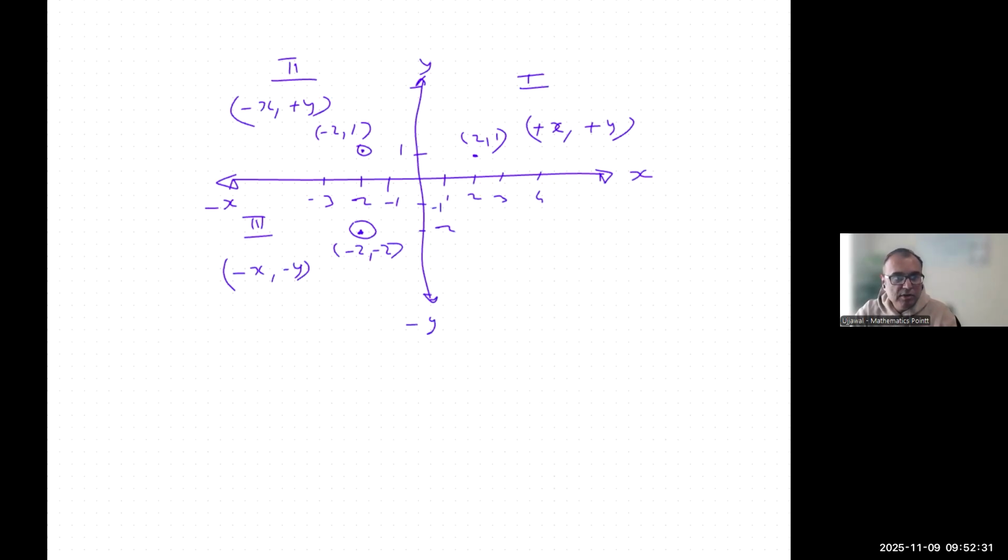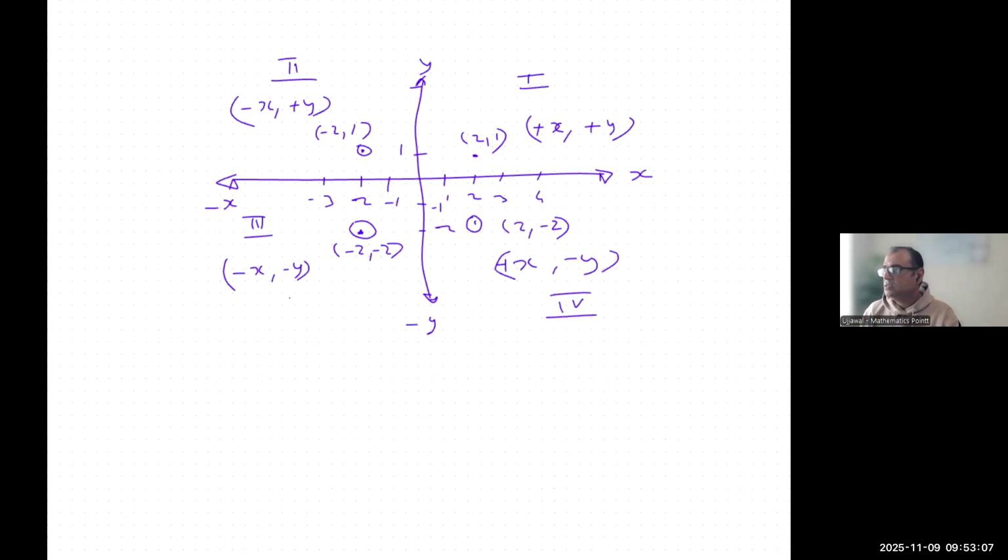And in the fourth quadrant, this point is 2, -2, which means your x is positive and your y is negative. This is your fourth quadrant. So the Cartesian plane behaves like this: first quadrant, both are positive. Second quadrant, x is negative, y is positive. Third quadrant, x is negative, y is negative. Fourth quadrant, x is positive and y is negative.